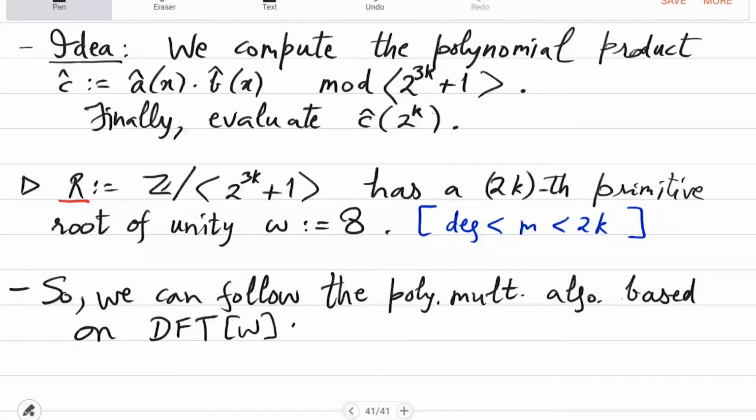So these are basically 3 steps. You do DFT, then you multiply, then you do DFT inverse. So you get c hat, and then in c hat you substitute 2 raised to k. Right? So now 4 steps.